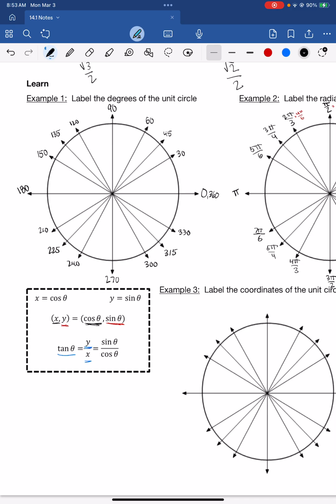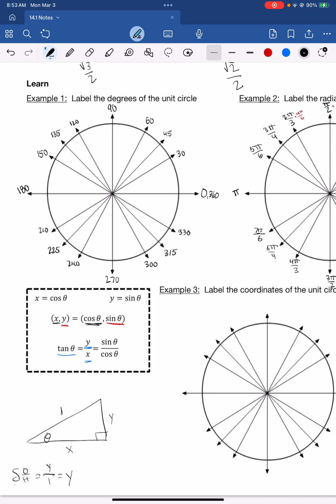And the reason that this is, if we have a right triangle right here, and this is a right angle, this is theta down here in the corner. We have a 1 here. We'll label this x and this one y. If you take the sine, right, sine is opposite over hypotenuse. So the opposite side would be y over 1, which is just y.